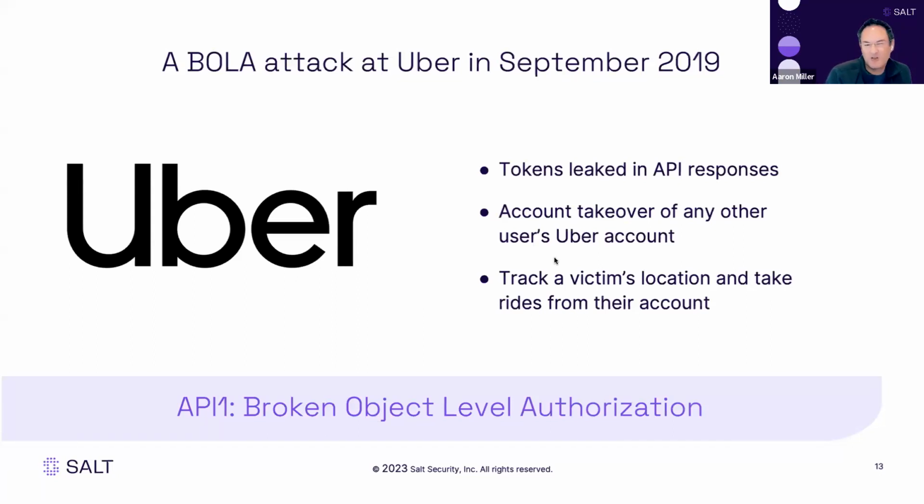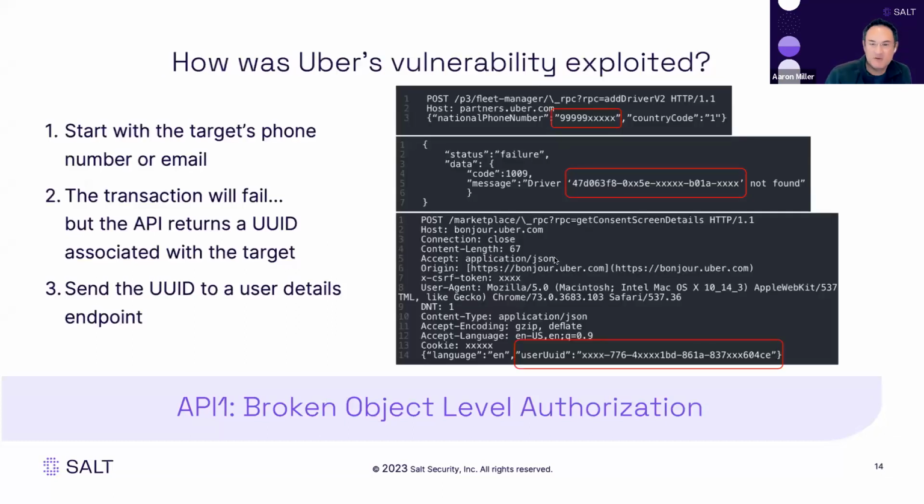And let's talk a little bit about what this looked like from an API point of view, right? Since we're here talking about how we would learn about this and how a system such as Salt or another API security provider would protect you from this. Well, the way this exploit happened was up there at the top, right? You submit a request.